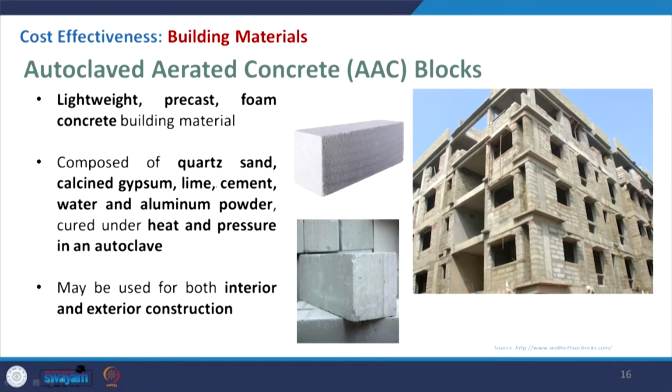Coming to the autoclaved aerated concrete blocks, in this case as I mentioned earlier, this is lightweight, precast foam concrete. So, basically compared to the concrete block of similar size, this has lighter weight. It is composed of quartz sand, calcined gypsum, lime, cement, water and aluminum powder, and cured under heat and pressure in an autoclave.